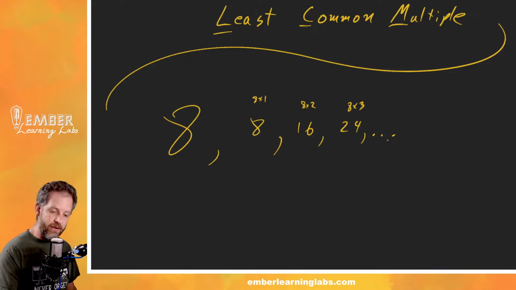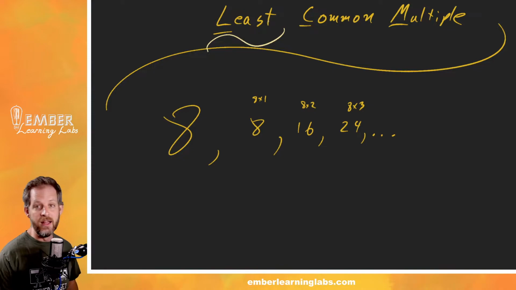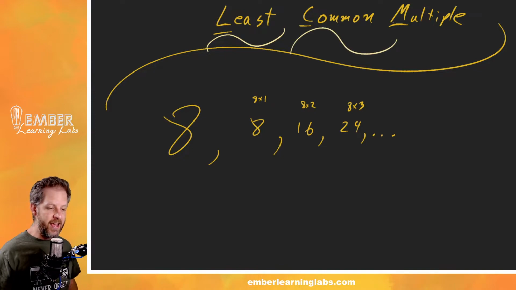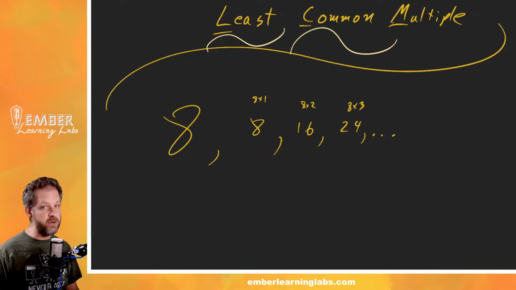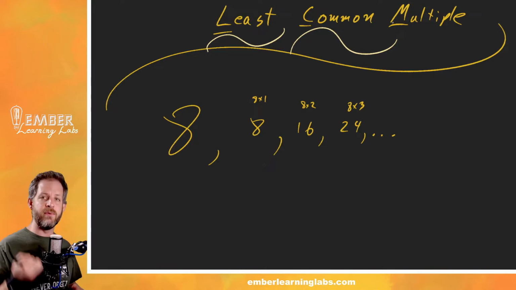Now, we've got two other words in our title here. Least is the smallest, and common means in common. So if we're looking at 2 or more numbers, and in this one we're going to look at 3 different numbers. In Middle School A, we only compared 2.